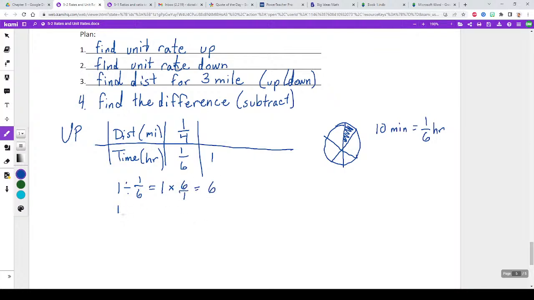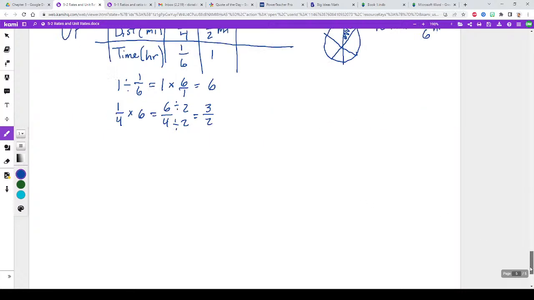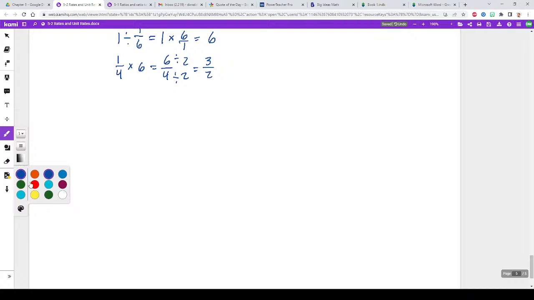And then we're going to go 1/4 times 6, which is 6 over 4. However, 2 goes into both these numbers because they're even, and so we now have 3/2 of a mile per hour. We're not done there, but we're going to slow our roll and just go back to it in a moment.